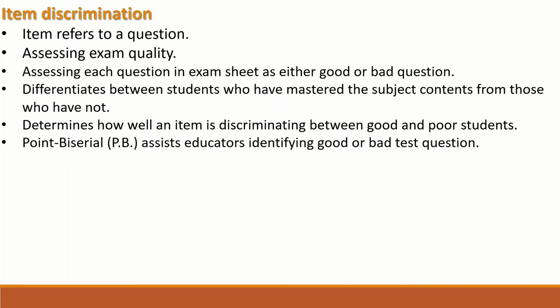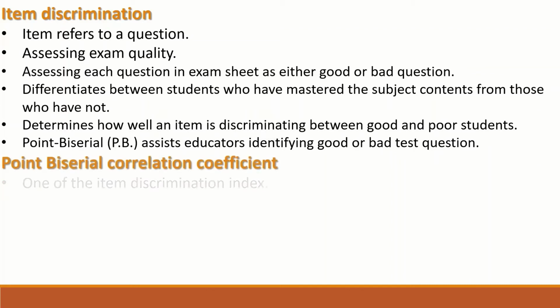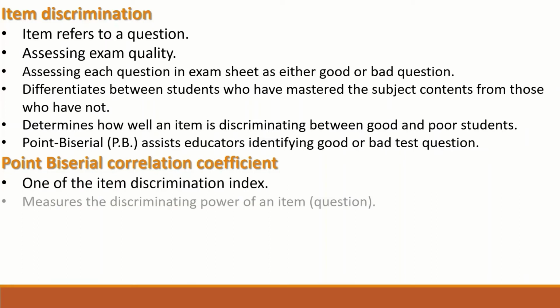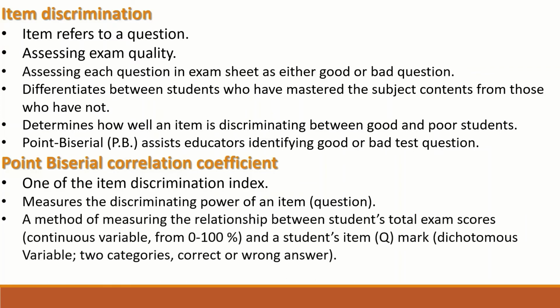The point biserial correlation coefficient assists educators to identify good or bad test questions. The coefficient is one of the item discrimination indices. It measures the discriminating power of an item or a question.